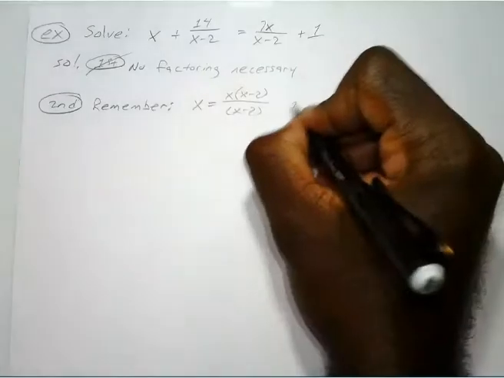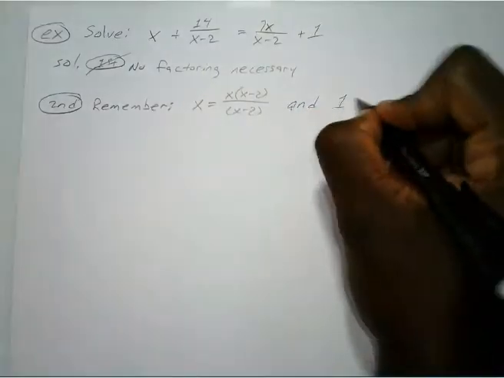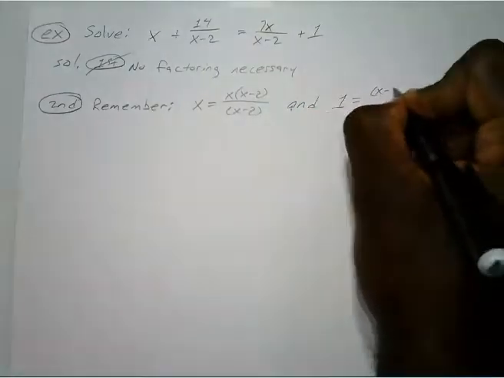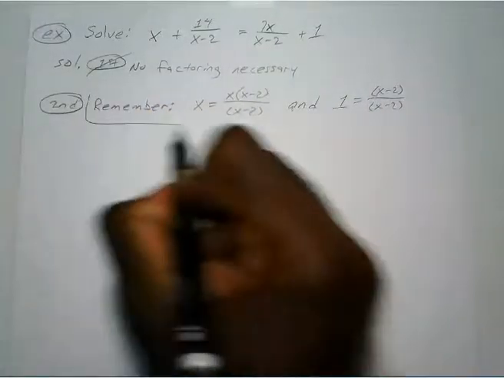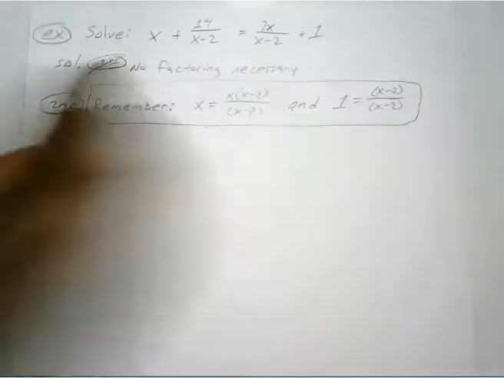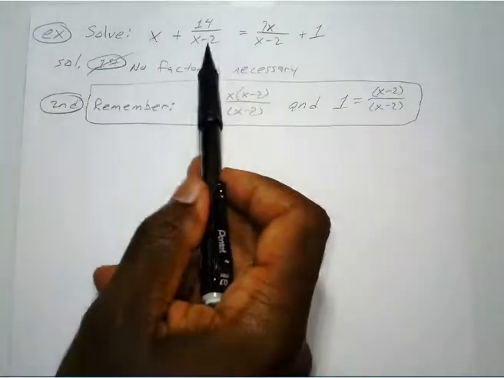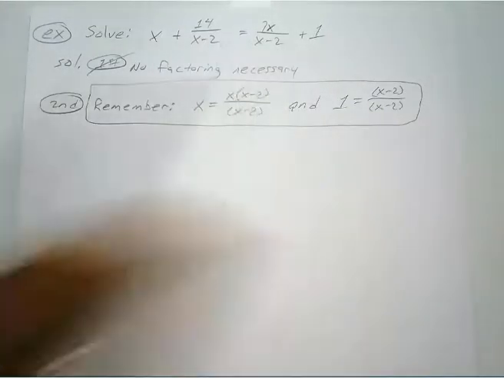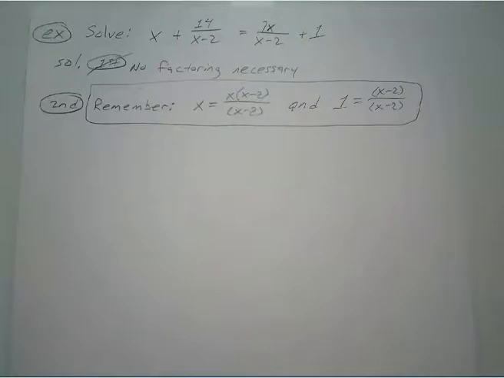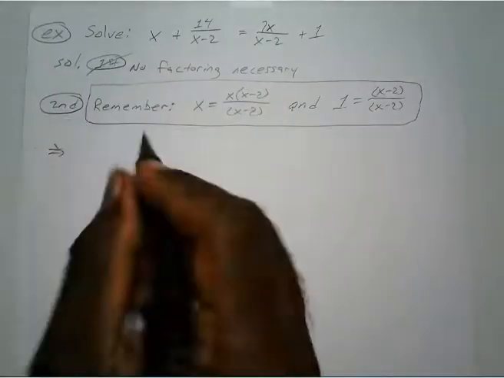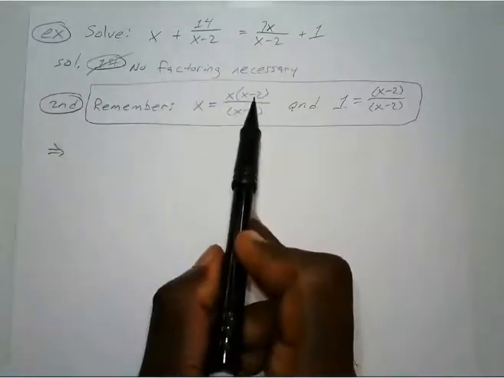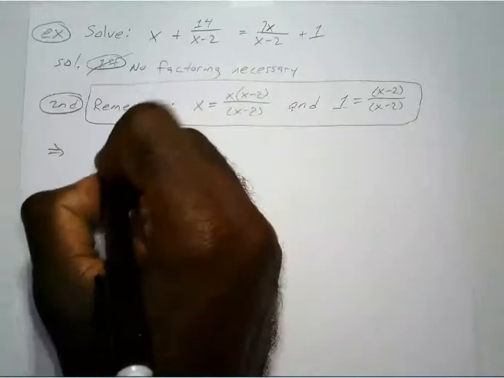And same thing with 1. 1 is just x minus 2 over x minus 2. Okay, so we can make those denominators all match up. Okay, so we will have, instead of x, we'll make it x times x minus 2 over x minus 2.